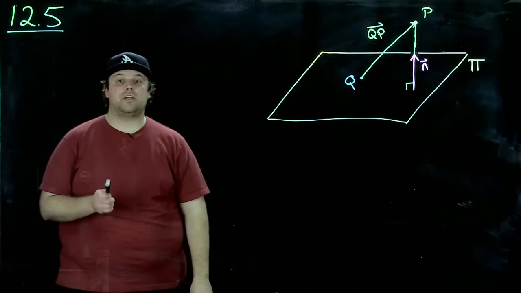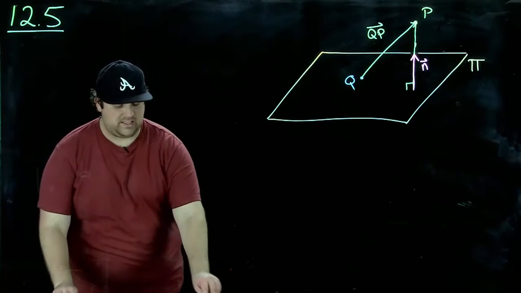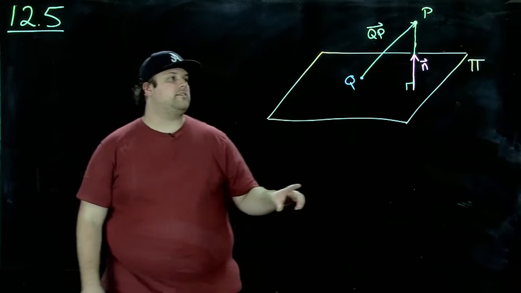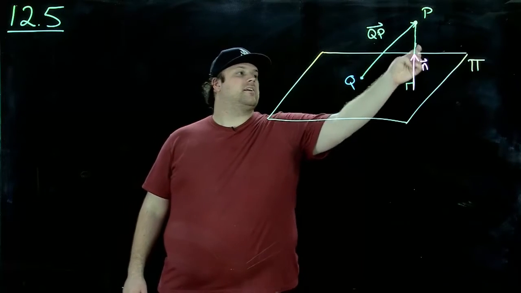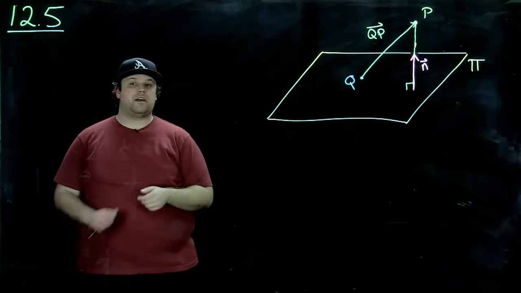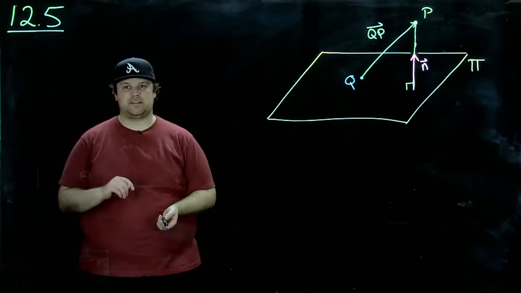It actually does us a whole lot of good. Because what that allows us to do is get a vector in the direction of n connecting the plane to P. Do you guys remember how we might be able to do such a thing? Think about that for a second.